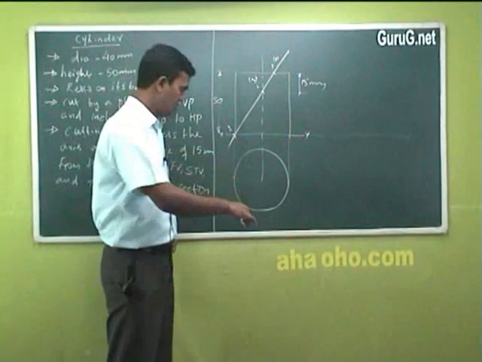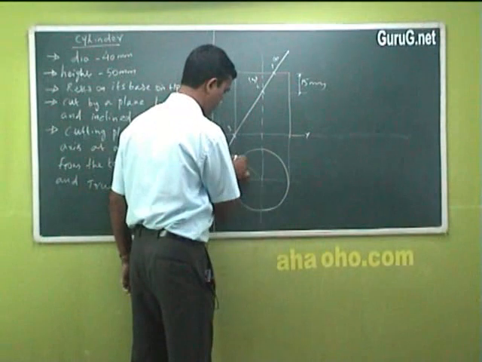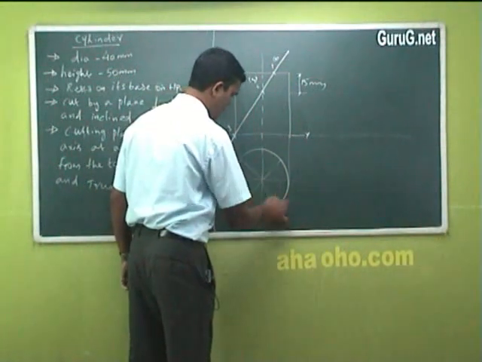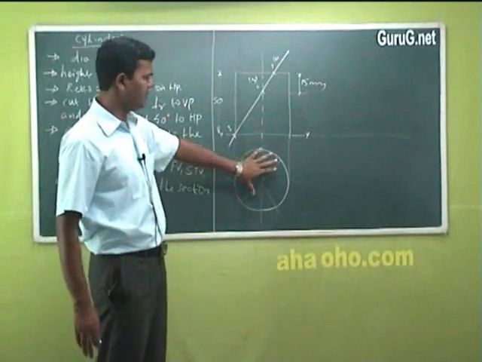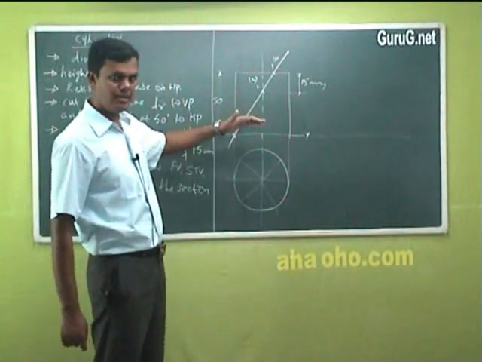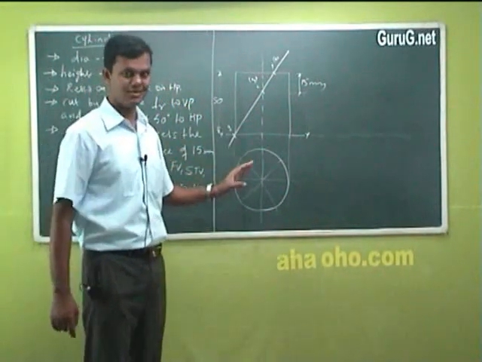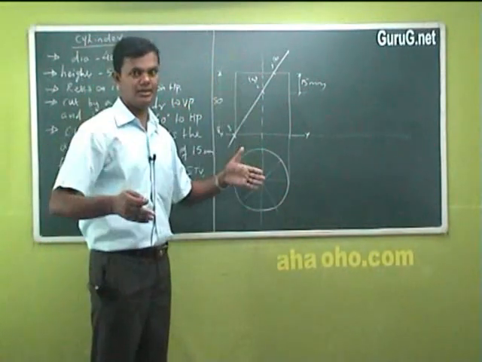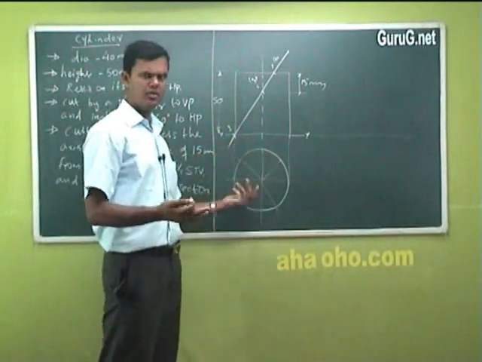And as usual, you have to divide this cylinder into 8 or 12 points, it's left to you. Normally we divide into 12 points, and in either pyramids or prisms we have defined edges. In a cylinder we have only the side generators. Okay, that is the only difference. So wherever it touches, those points alone you should mark.